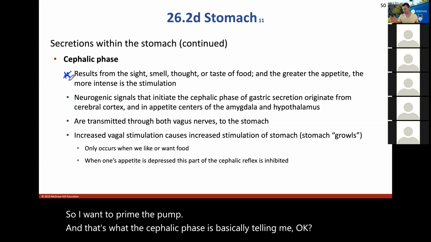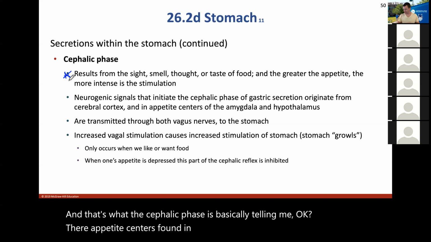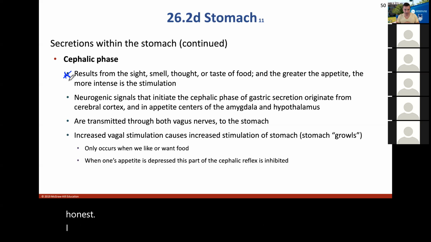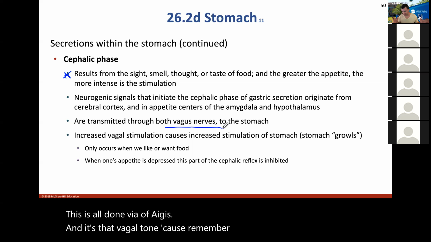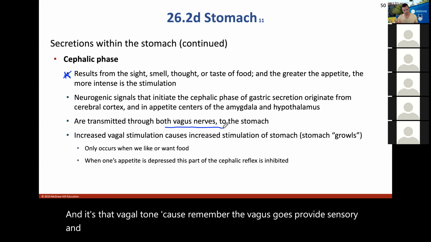There are appetite centers found in the amygdala and the hypothalamus. To be honest, I didn't ask about the appetite center. This was all done via the vagus, okay? And it's that vagal tone, because remember the vagus provides sensory and motor to everything within the abdominal cavity.